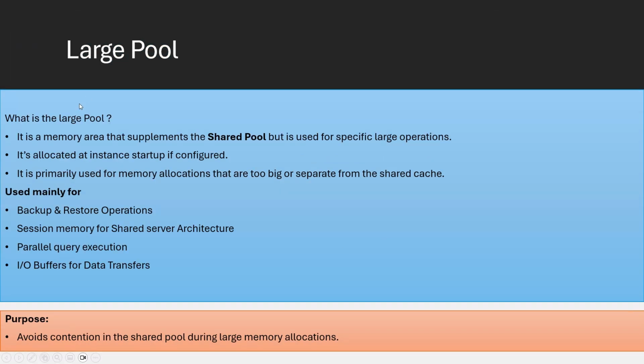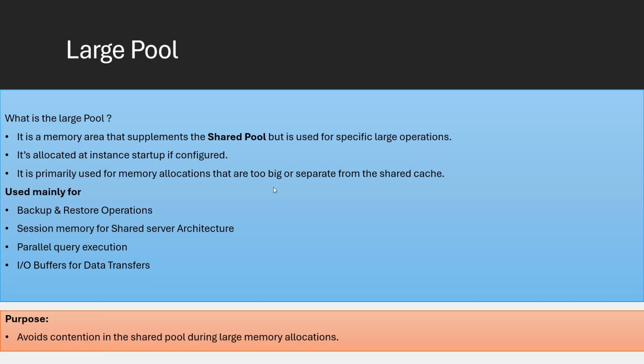Large pool. So large pool is one of the memory components. This is another place where we use it for large IO operations. Basically, if you want to do backup and recovery, it requires a lot of IO, right?